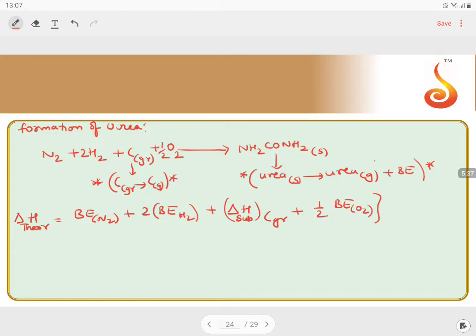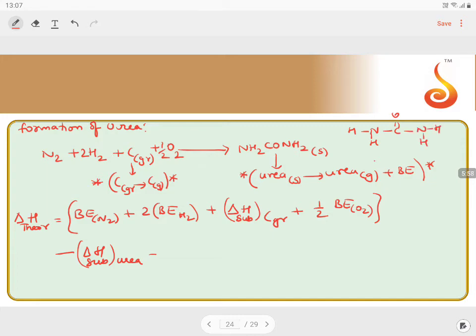This is all your reactant side, minus the enthalpy of sublimation of urea, minus, in your urea, you will have these NH2 C double bond O NH2.